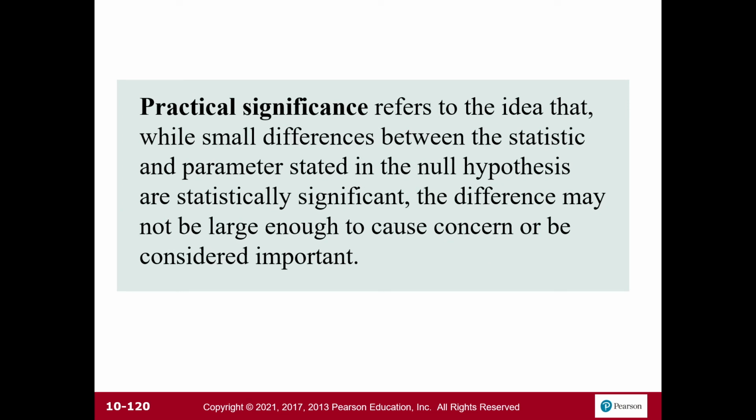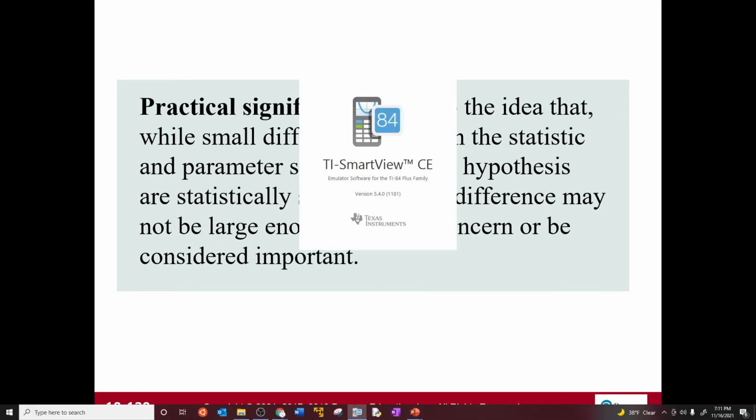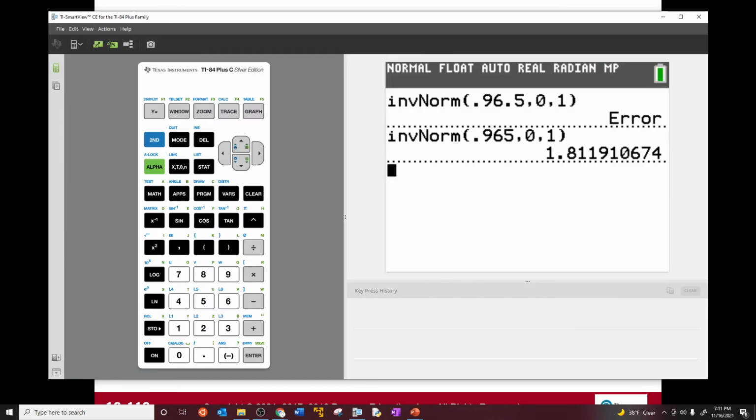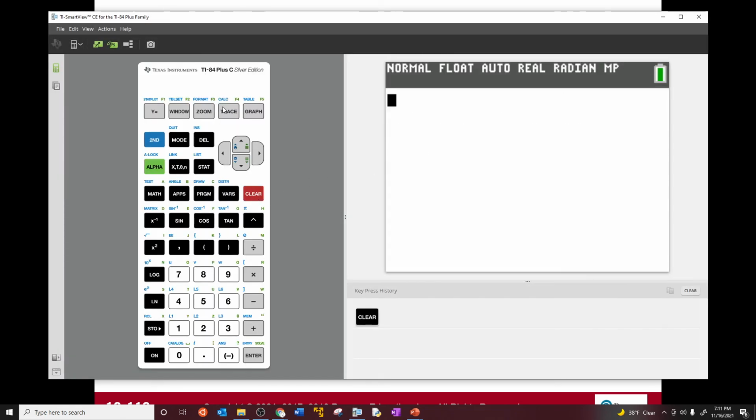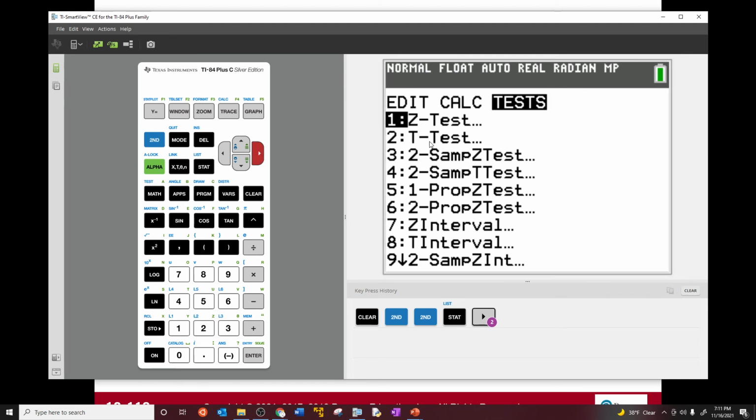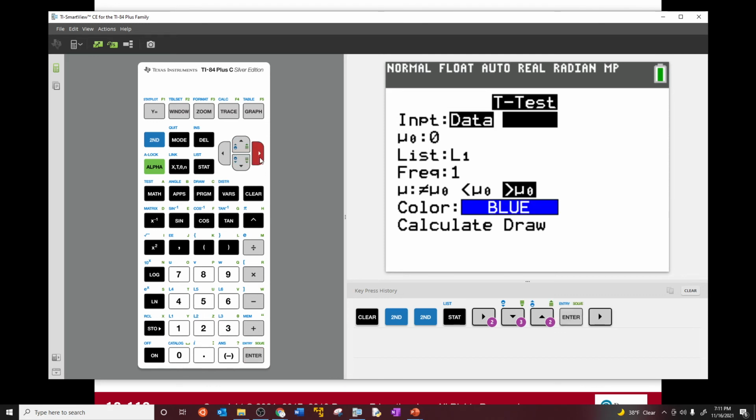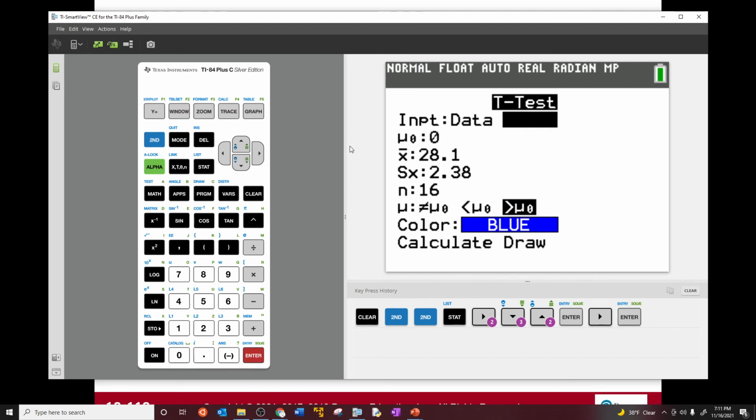Our calculator could have been used to conduct a hypothesis test. Let's review that really fast. Let's go to stat and then test. It's just going to be a t-test here, isn't it? And we know the stats. All right.